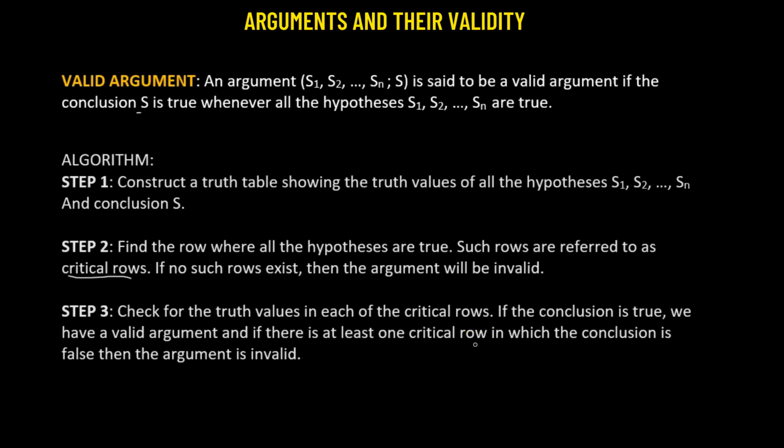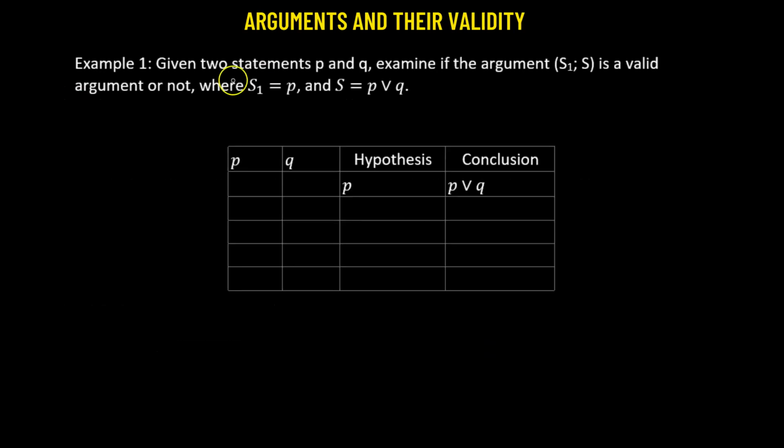Let's work on a few numericals, and this will help us understand how to check whether a given argument is valid or not. Here we have example number 1. We are given 2 statements P and Q, and we have to examine whether this argument, where S1 is the hypothesis and S is the conclusion, is valid or not.